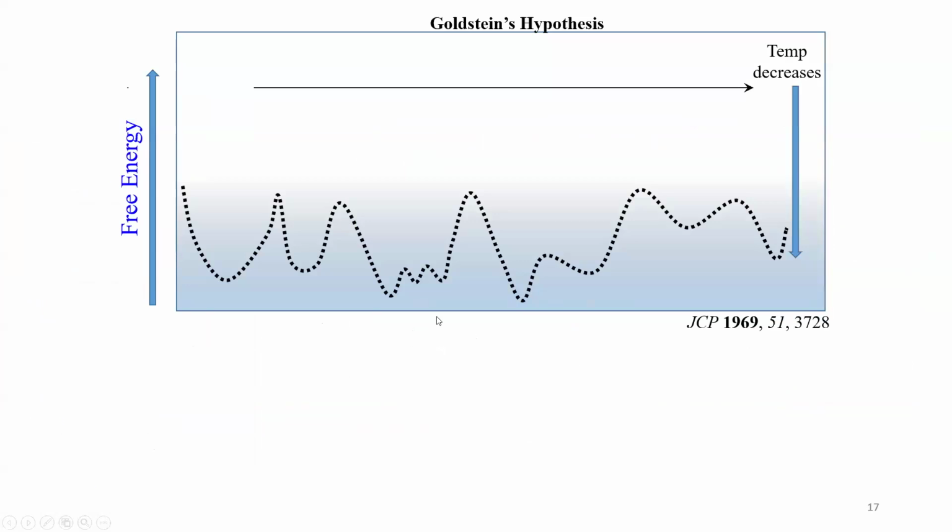This Goldstein's hypothesis is very simple, yet very elegant. It says if your temperature is high, so it's a hot liquid, you do not have any barriers to cross for dynamics, so it will be simple free Brownian motion. But as the temperature decreases, it's like the seabed where you have a lot of hills.